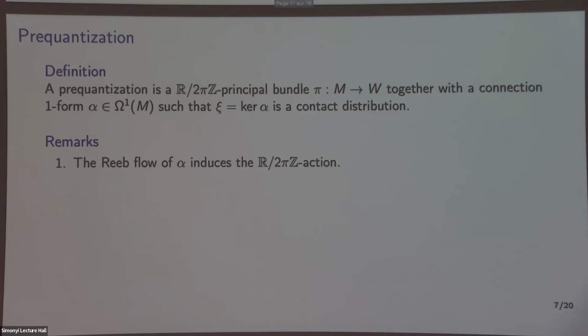The Reeb flow of alpha, with this definition, it's a consequence, will induce this S^1 action. Here for S^1 I take the same normalization, so the length of S^1 is 2 pi. It means that the Reeb flow of alpha will be periodic of period 2 pi. So the orbit of any point will be of minimal period 2 pi.